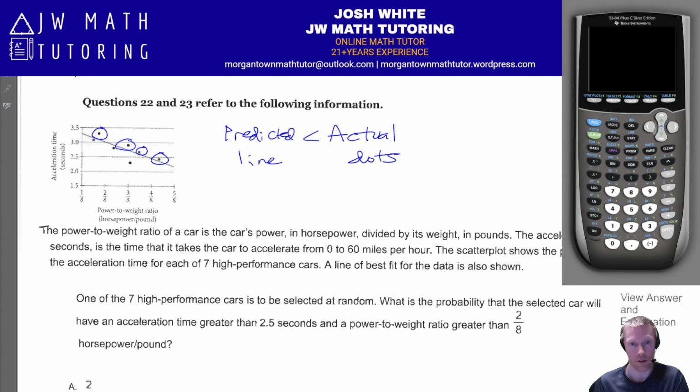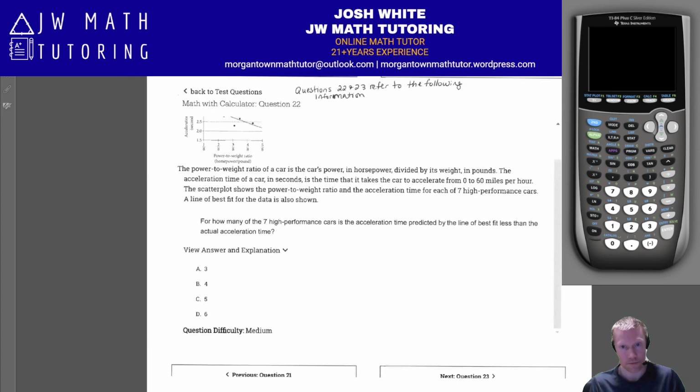In other words, the line of best fit is below the actual points on the scatter plot. So now just jumping back to 22, the correct answer for this one is going to be letter B, 4.